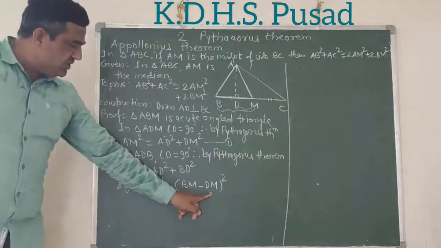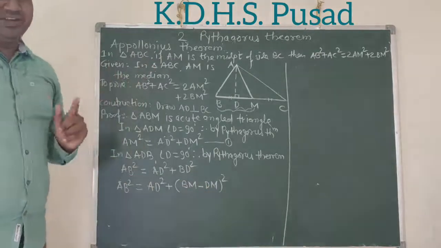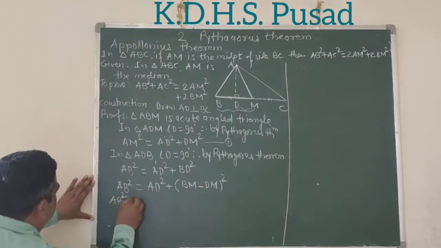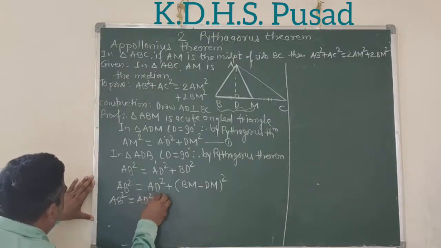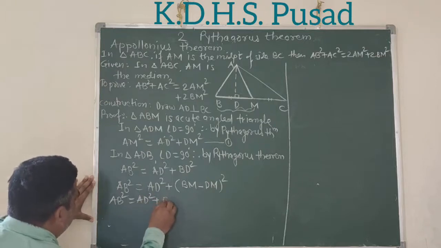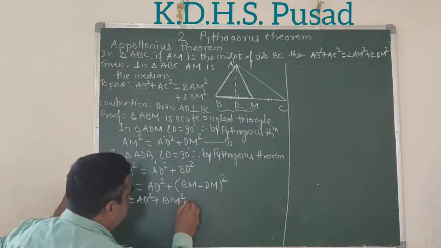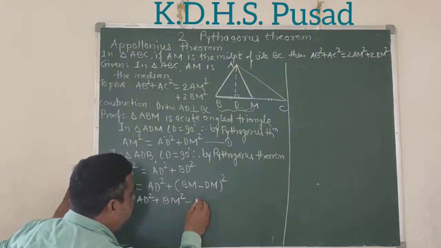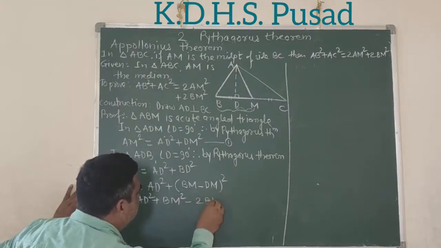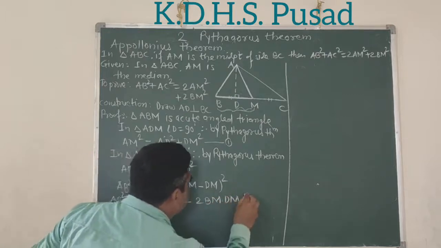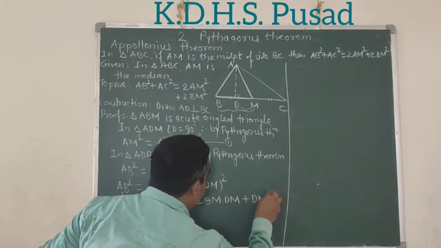Now you have to solve this by using the identity. So you will get AB square equal to AD square plus BM square minus 2 into BM into DM plus DM square.